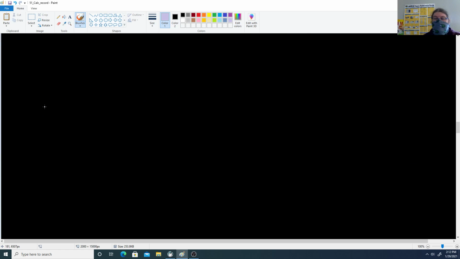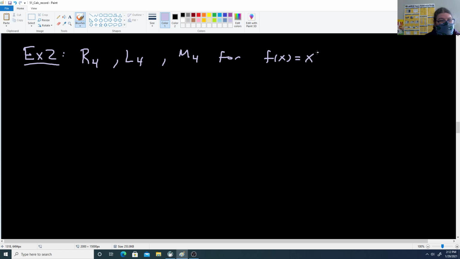For this example, I'm going to do it kind of similar to the textbook. I'm going to use the same function, but I'm going to change from R6, we're going to calculate R4, L4, and M4 for f of x equals x to the negative 1 on the interval 2 up to 4.